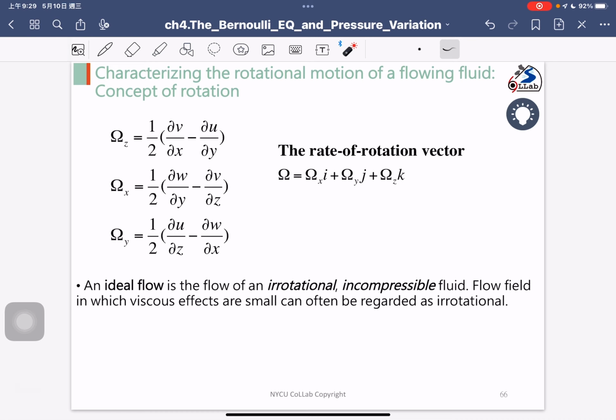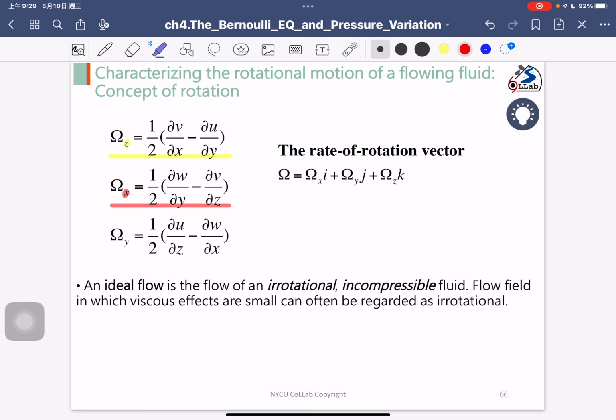As you can see, the first one is what we derived in the previous slide, the theta rate along the rotating axis z. Second, if we change the rotation axis to the x direction, we can rewrite the theta rate as dw dy minus dv dz.